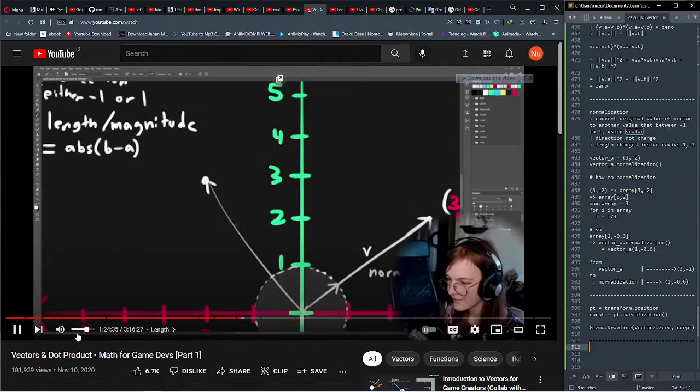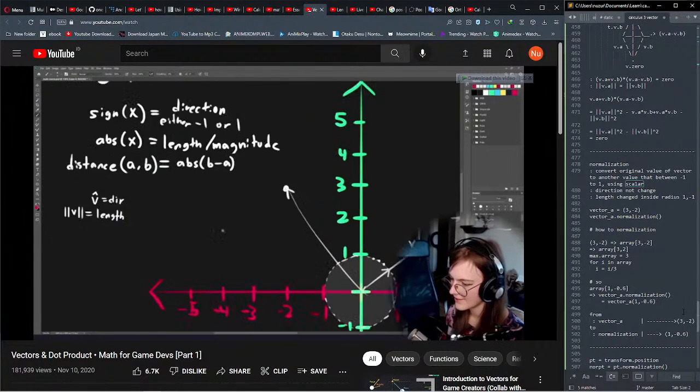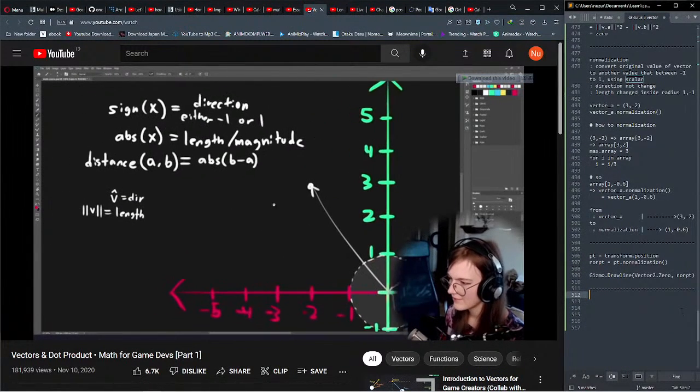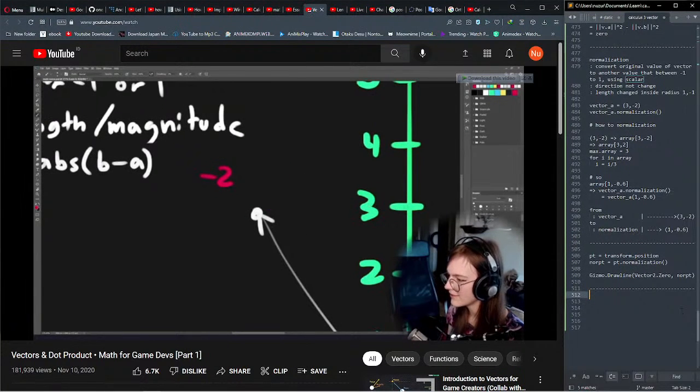It's a little curved, but pretend it's not. What is this vector? We have an x coordinate of -2 and a y coordinate of 3.